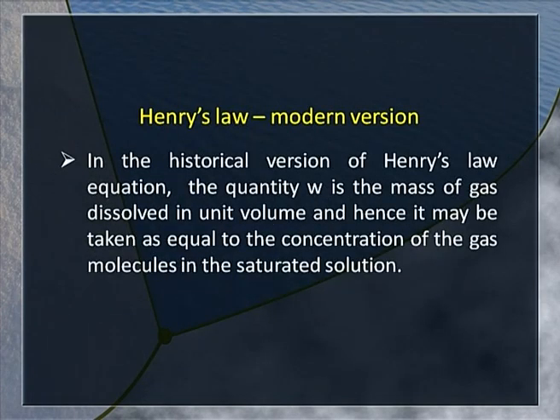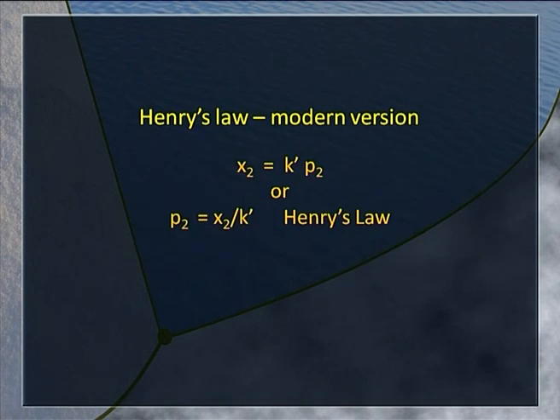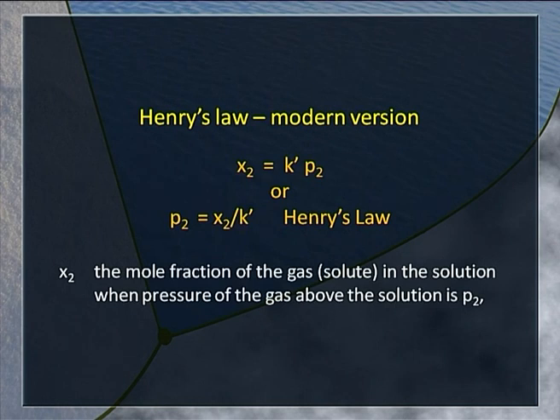But the modern definition of Henry's law can be obtained if we consider W, the mass of the gas dissolved in unit volume, to be equivalent to concentration, and then if we consider concentration to be proportional to the mole fraction of the dissolved substance, then we get an equation which is the modern version of Henry's law, that is X2 is equal to K prime into P2, or P2 is equal to X2 divided by K prime, where X2 is the mole fraction of the gas, that is the solute in the solution, when the pressure of the gas above the solution is P2.